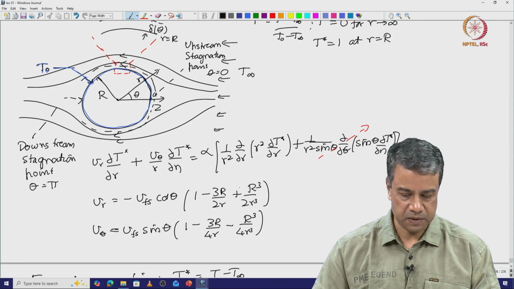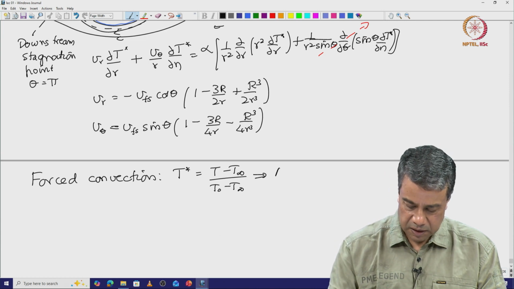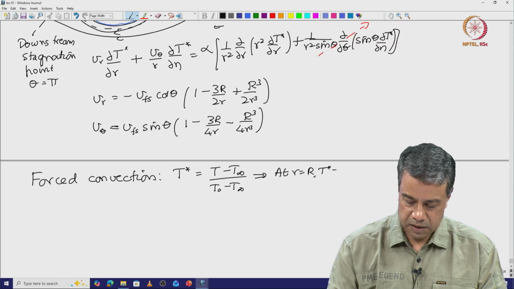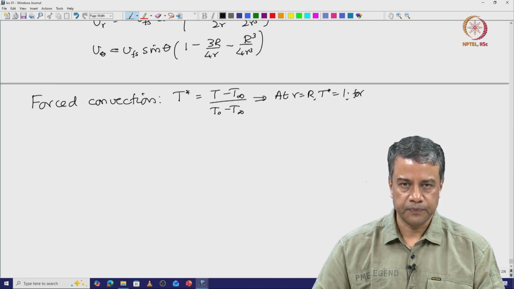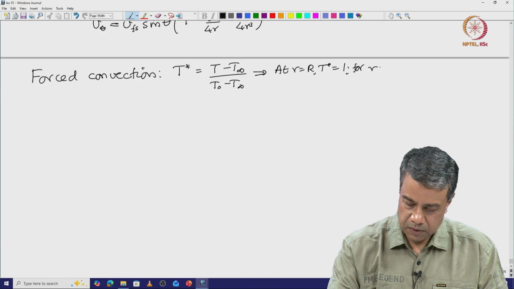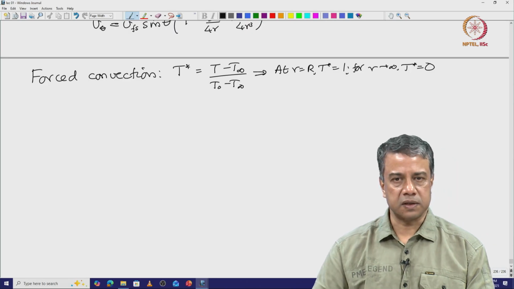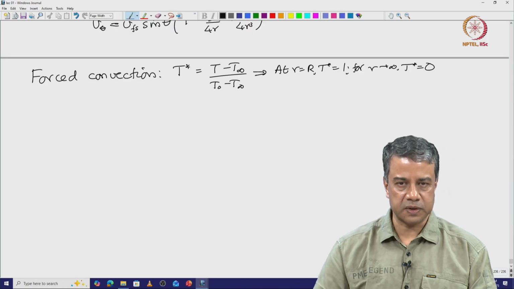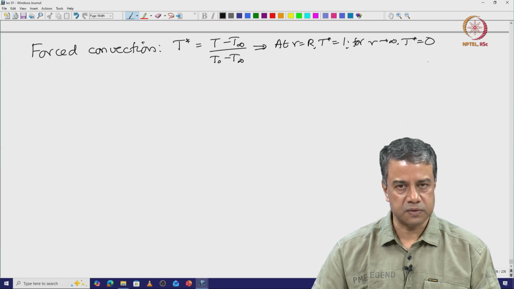This implies that at r equal to R, T star is equal to 1, and for r going to infinity, T star is equal to 0. So, the scaled temperature is 0 far from the sphere. At the surface, the scaled temperature is 1.